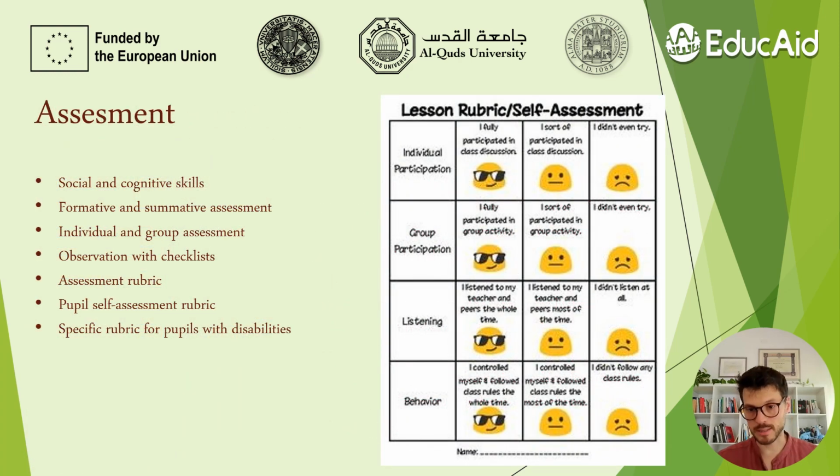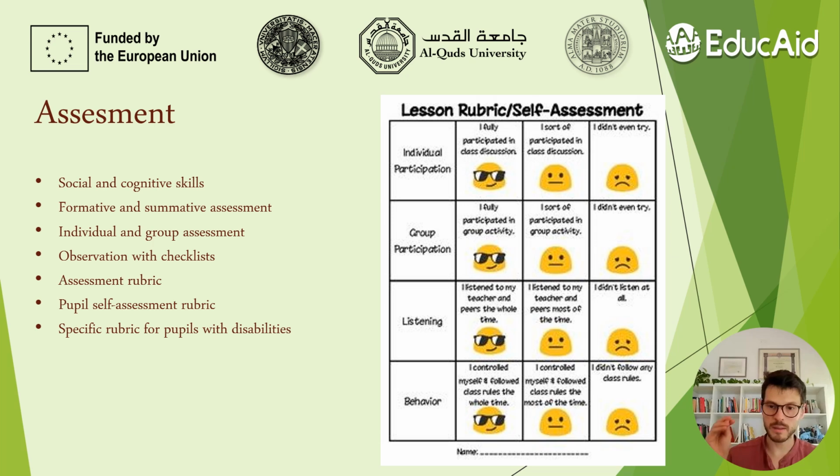Now, let's talk about assessment. This is an example of a self-assessment rubric where the students can immediately see what we mean by individual participation, with different levels of individual participation from I fully participated until I didn't even try, group participation, listening: I listened to my teachers and my peers the whole time, I didn't listen at all.